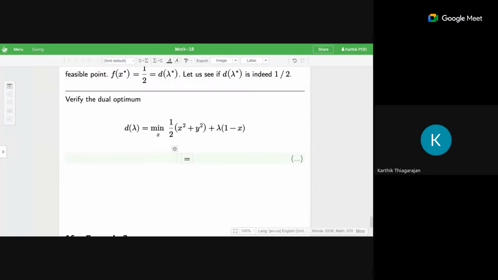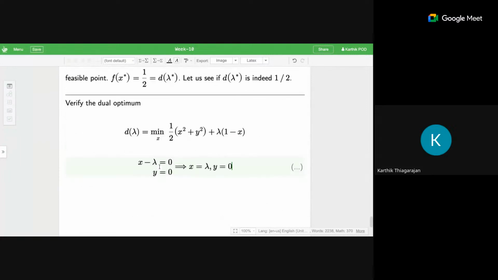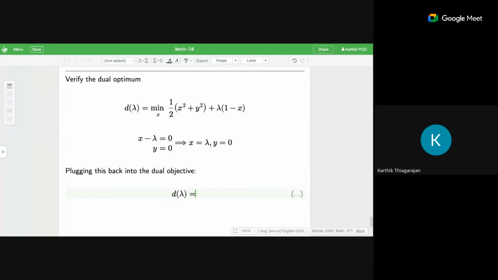Now remember that we have already done this, setting the gradient to 0, right? So this is what we'll have. So x equal to lambda, y equal to 0, plugging this back into the dual objective, we end up with d of lambda to be lambda square by 2 plus lambda into 1 minus lambda.